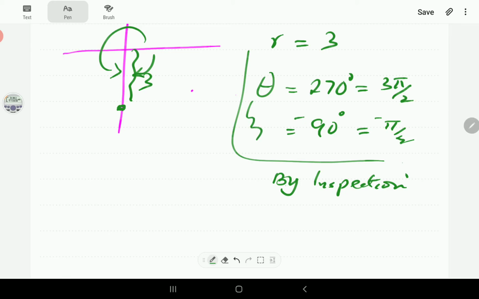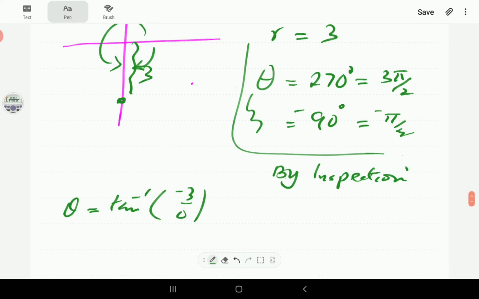In fact, you're going to discover that if you try to do these using the formula, it is going to crash, because tangent is not defined when x is 90 or its odd multiples. So here you would have, for instance, negative 3 over 0, and if you try to do this in the calculator, you are going to have a problem, because negative 3 over 0 is infinity.